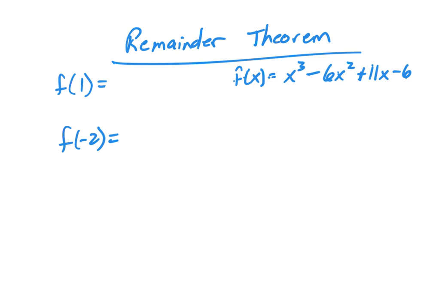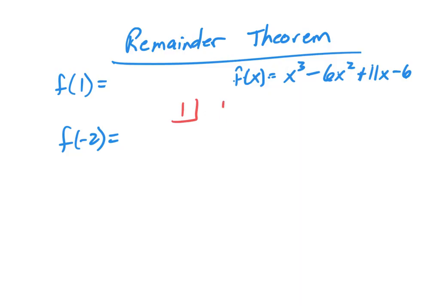If I said, let's evaluate f of 1, then I don't do the opposite here because it's not a factor. The only time we do the opposite is if it's written as a factor like x plus 1. This is just a number. This is a number that we are checking. So in this case, the number that we are putting in the box is 1. We do not do the opposite here. So that's another thing you're going to have to pay attention to. Is it a factor or is it a number that we are trying to evaluate?